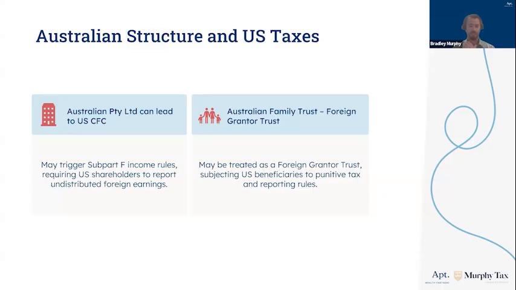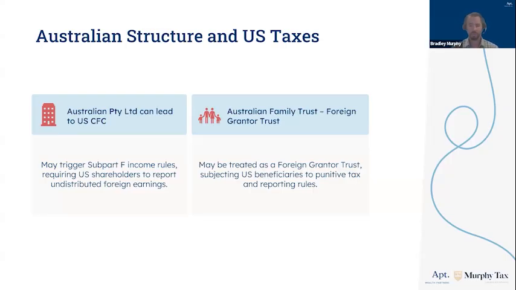The two common ones are the Australian family trust, which is a very common structure to hold passive assets, normally shares or investment properties, or even to run a business in Australia. It's very effective for Australian tax purposes in mitigating taxes, in that you can distribute the income from that trust to a beneficiary that you nominate every year.